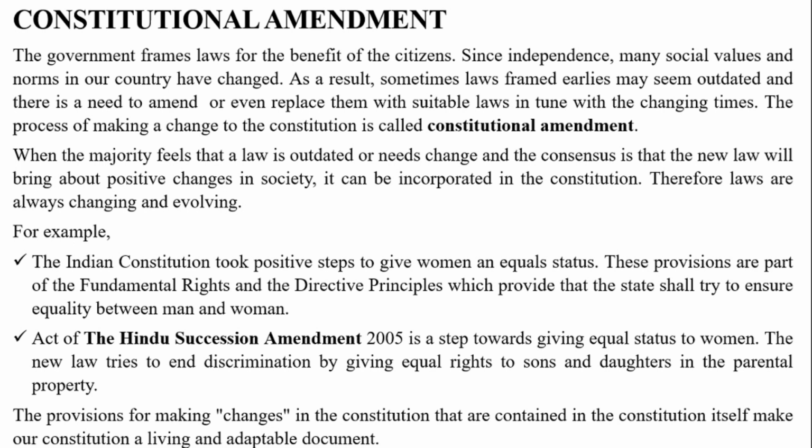That is a constitutional amendment put forward in 2005 as a part of the Hindu Succession Amendment Act. And these provisions for making changes in the constitution, contained in the constitution itself, make our constitution a living and adaptable document. So these are regarding constitutional amendment.